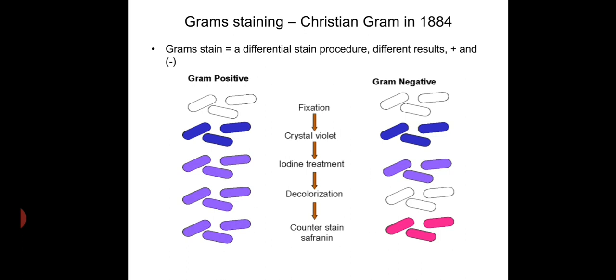Gram positive bacteria are those that retain the purple crystal violet dye when subjected to the Gram staining procedure, because they have a thick cell wall, approximately 15 to 80 nanometers, consisting of several layers, as many as 40 layers of peptidoglycan.